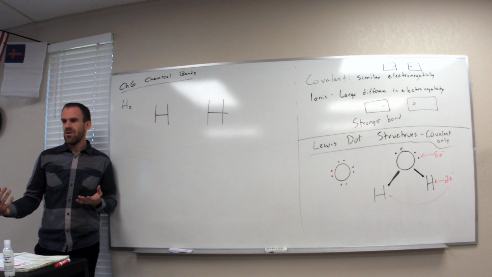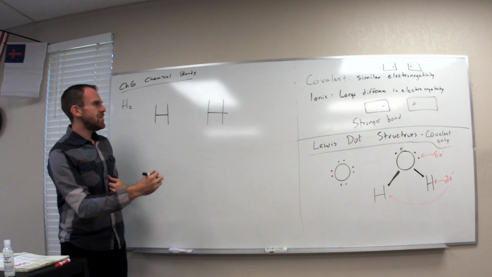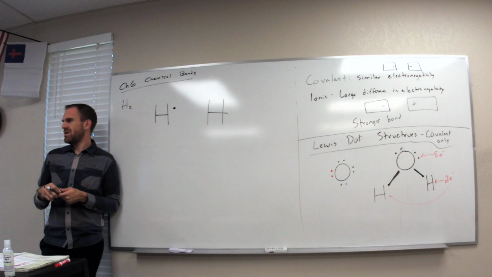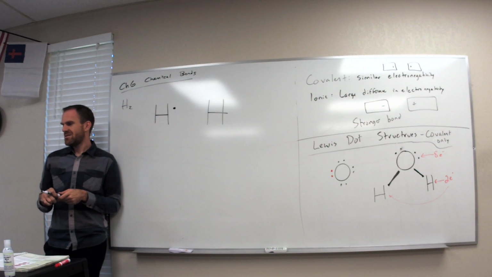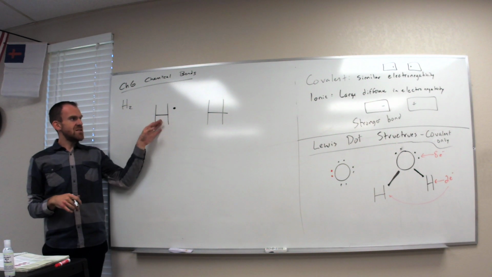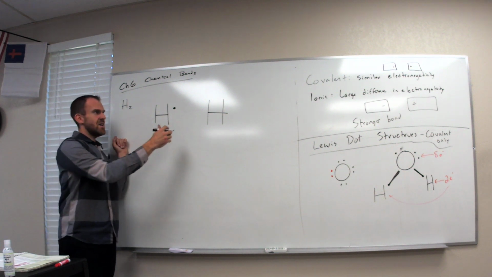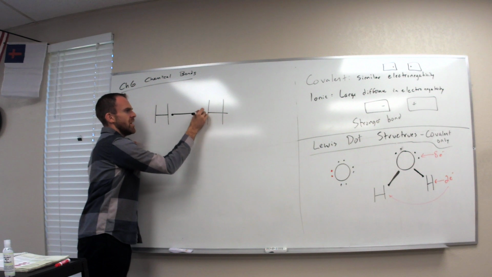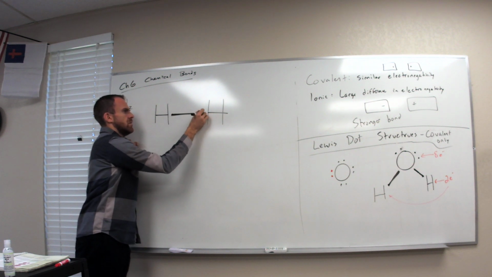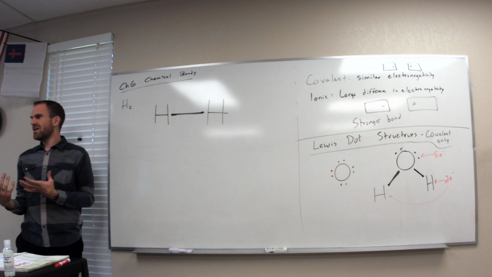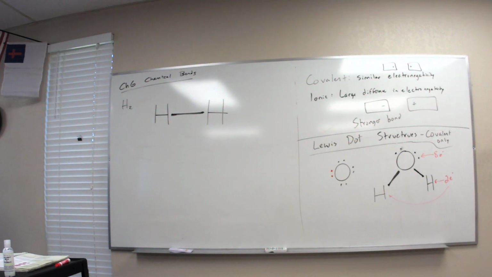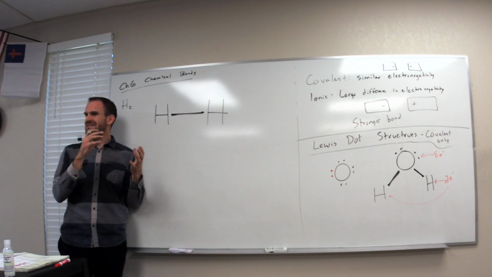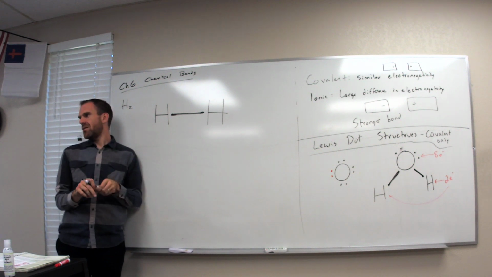One, because there's only 1 electron for hydrogen in its ground state. So this hydrogen has 1, this hydrogen has 1. If they bond, they're sharing each other's electrons. Now we have each of them with 2, so this becomes a stable compound.